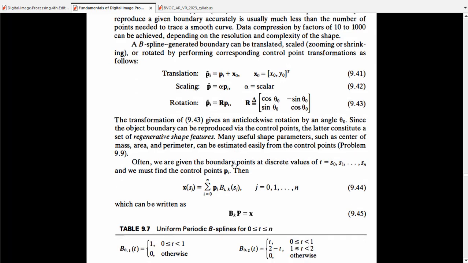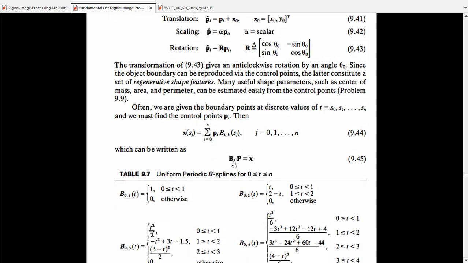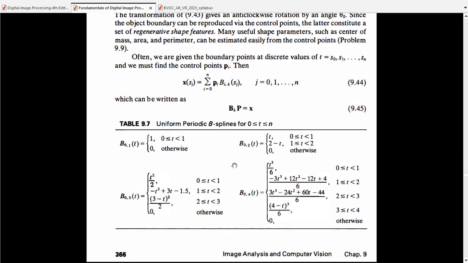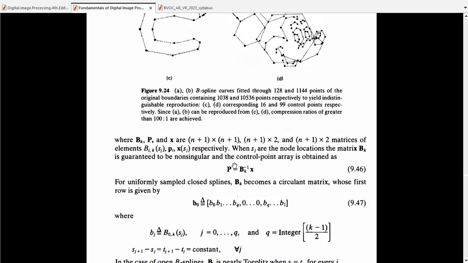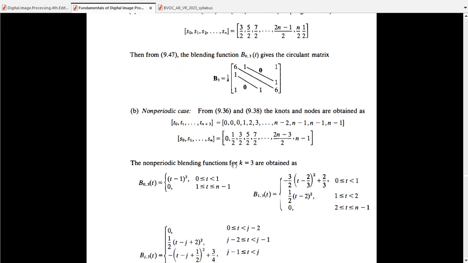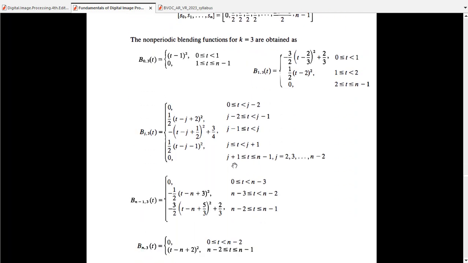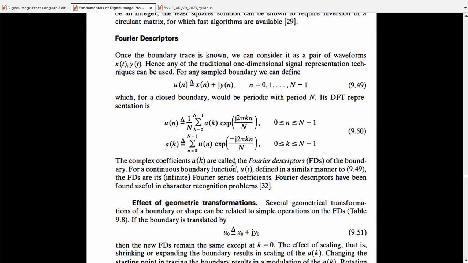The normal common transformations are translation, scaling, rotation. So uniform periodic B-splines will come to analysis from control points. So the boundary representation along with the periodic case, non-periodic case, normalization from the type of information, control points.